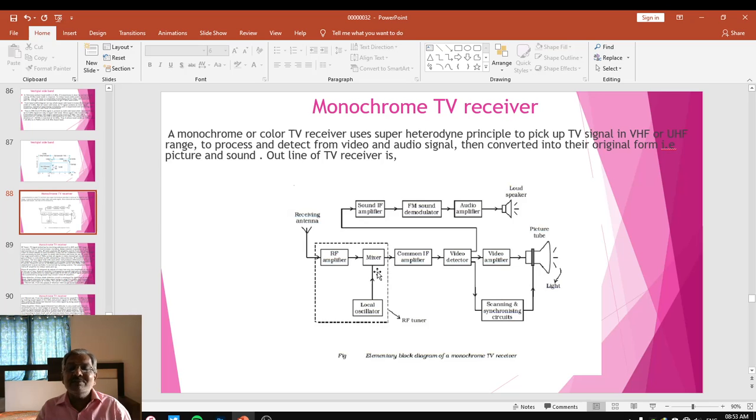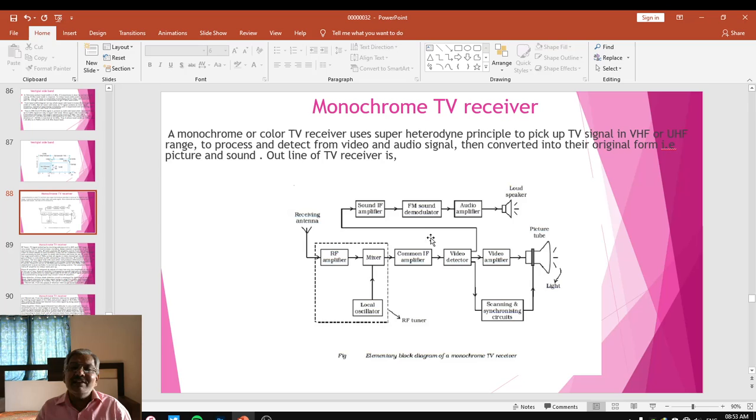After comparison, at the output, four frequencies are going to be generated. One is the signal frequency as it is. Second is the local oscillator frequency as it is. Third is the sum of these frequencies. And fourth is the difference of these frequencies.